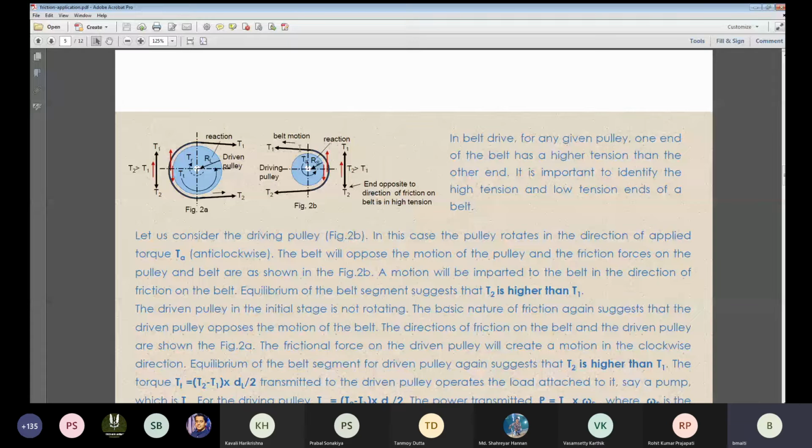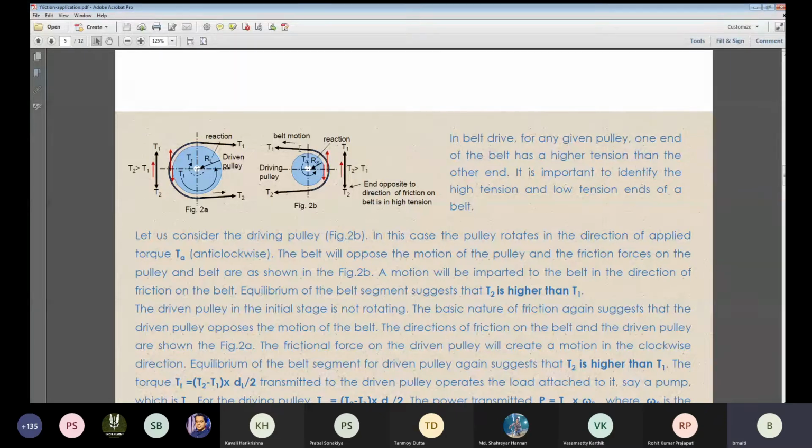This rubber belt is not always fixed internally. It will have a certain amount of stretching during the portion where friction is acting, and then the stretching will be relieved where there is no contact. Again a stretching, then again it is relieved. That is also a physical happening.